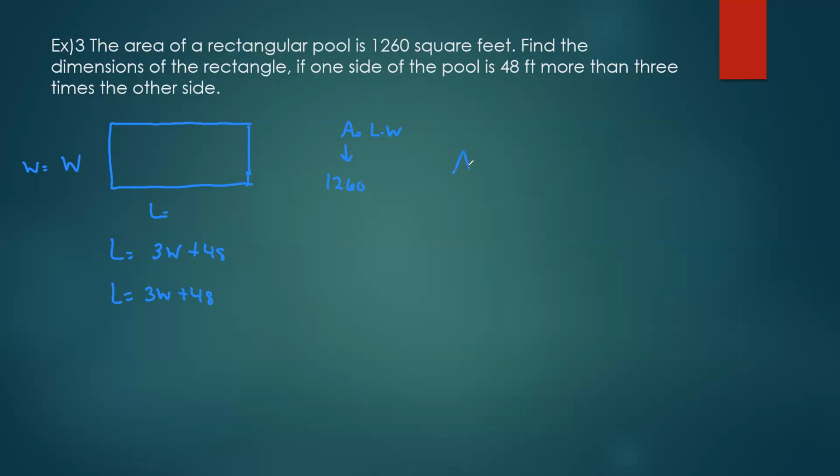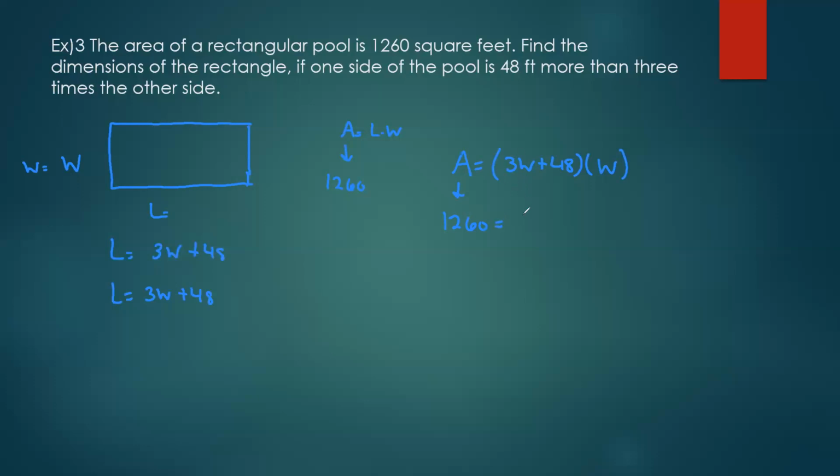Okay, so it's going to be area equals length, which is 3w plus 48, times the width. So yeah, and then replace A with 1260. Right? And then just FOIL it out.